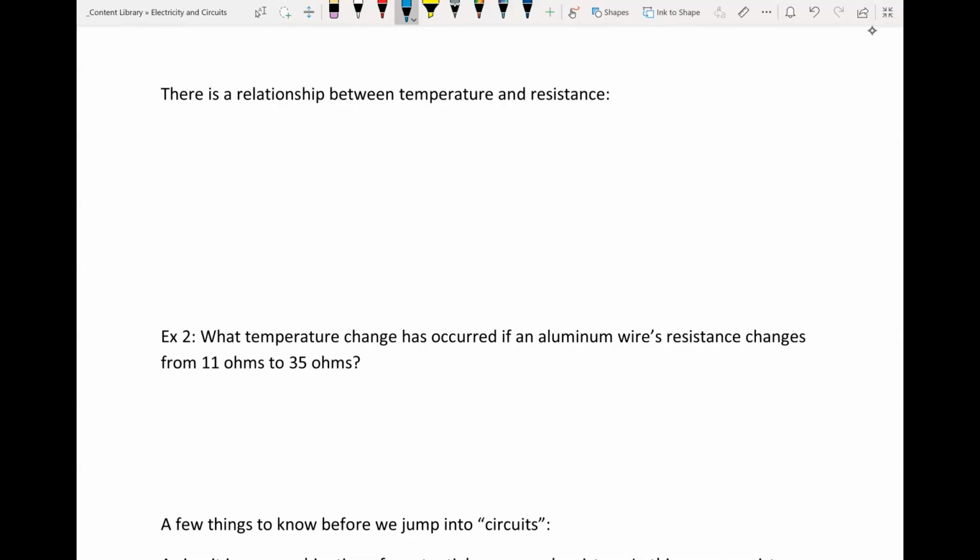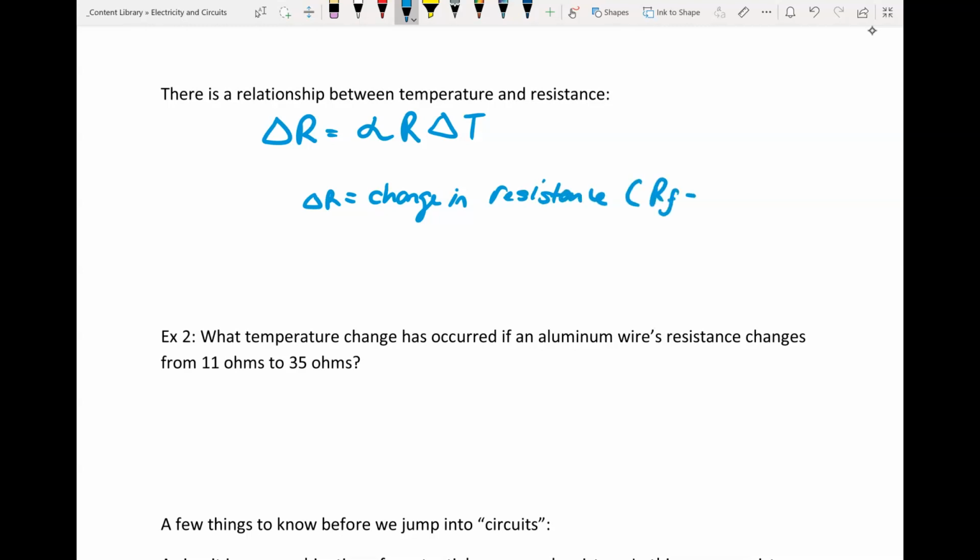So there is a relationship between temperature and resistance. The change in resistance can be calculated as the temperature coefficient of resistivity multiplied by the resistance at temperature initial multiplied by the change in temperature. So I'm going to summarize all of these variables. So the change in resistance, also known as resistance final minus resistance initial.